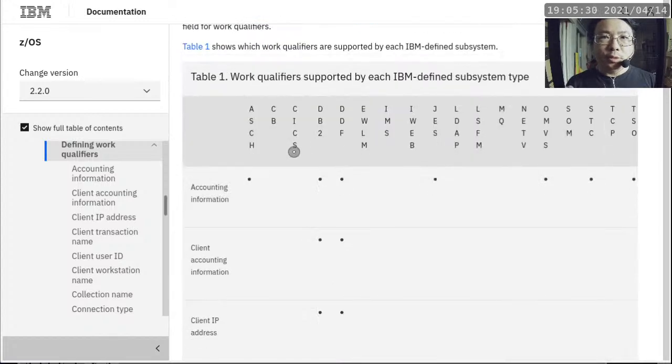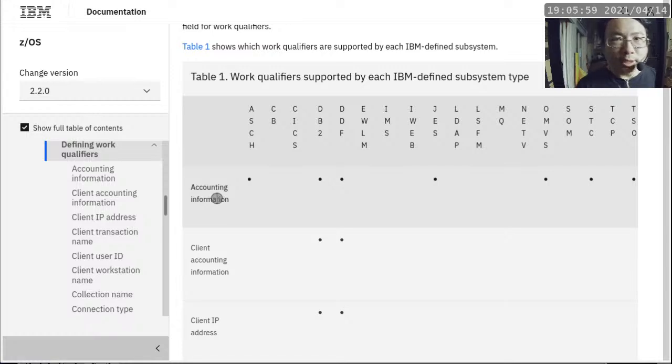And this is a huge, gigantic table. On the columns, we have the subsystems. So we can see CICS as one, DB2 as one, IMS as one, JES as one, and TSO as one. These are basically the subsystems. And then on the rows, we have whether a particular attribute is available for a work request coming from that subsystem.